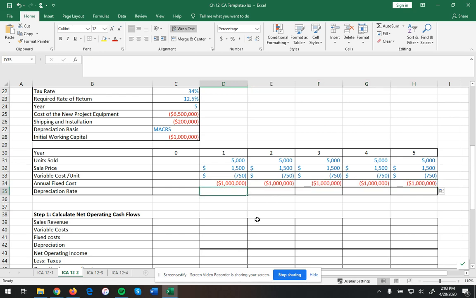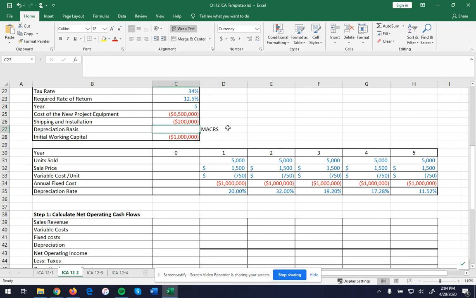And then our depreciation rate, which varies: 20%, 32% depreciation each year, 19.2%, 17.28%, and then the last one is 11.52%. Now, our depreciation basis, we're going to be using MACRS to depreciate.